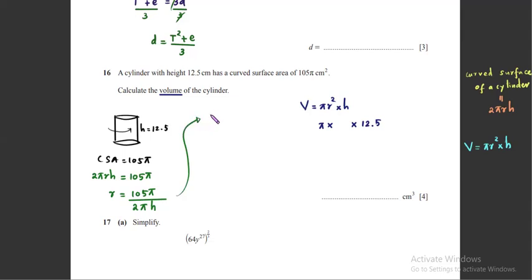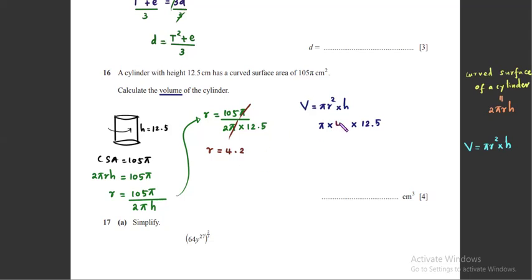Now, the next thing that we need to do is I'm going to substitute the value of h here. So we have 105 pi over 2 pi times the value of h, which is 12.5. I'm going to get rid of this pi and pi because they are in the numerator as well as the denominator, so I can simplify this. So I need to divide this 105 by 2 times 12.5. So when I do that, I end up getting 4.2 as the radius.